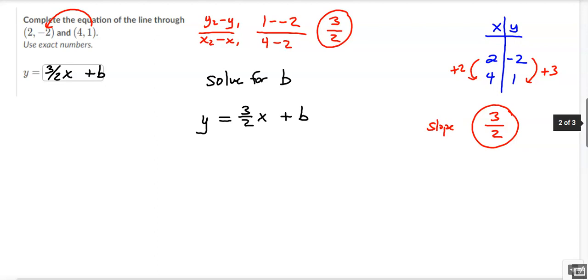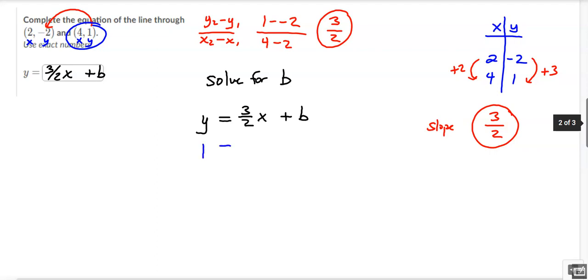And what I can do is, because these points here are solutions to the equation, I have an x and a y. Matter of fact, I have 2 of them that I can choose from to substitute in. So I'm going to choose to slap this 4 and this 1 in the equation. I'm going to grab that right there, and I'm going to plug it in and solve for b.